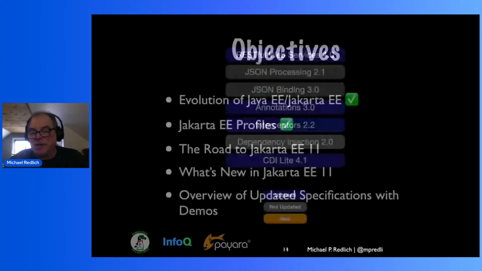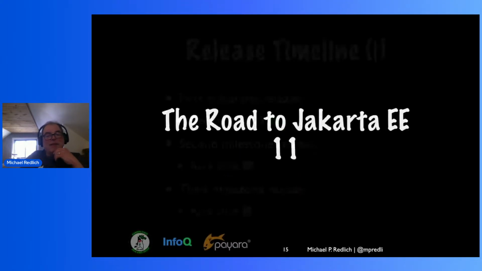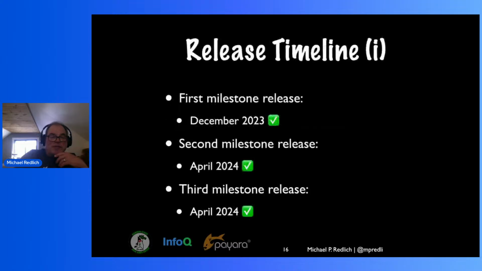All right, so we took care of that. Now let's talk about how we got here. The first milestone release was just over a year ago in December of 2023. The second and third milestones were in April of last year.